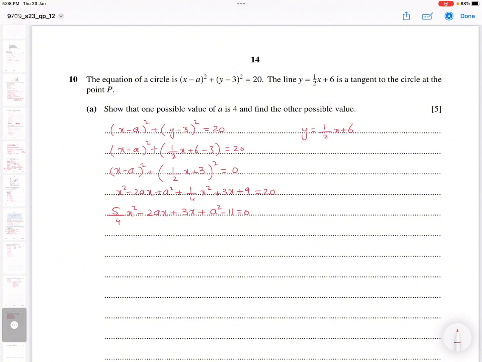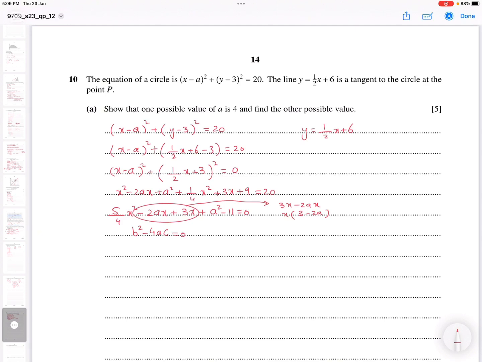So this portion, this one, can I write like this, 3x minus 2ax, and from here I'm going to take x common, so it becomes 3 minus 2a. So now use b square minus 4ac, that is the discriminant, and this should be equal to 0.